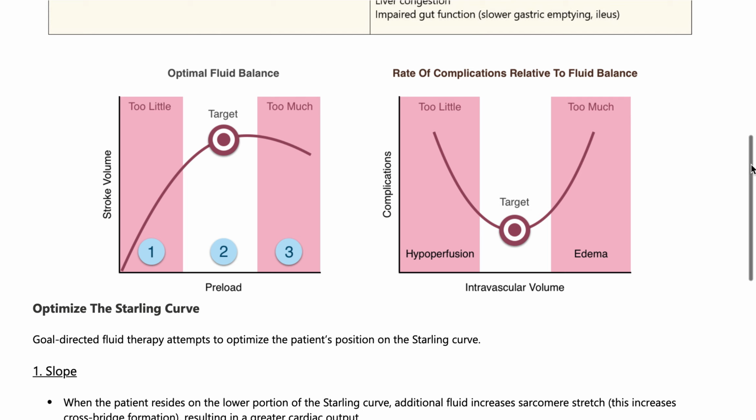And the balance here is depicted in these pictures. So on the left you have preload and stroke volume, and on the right you have intravascular volume and complications.